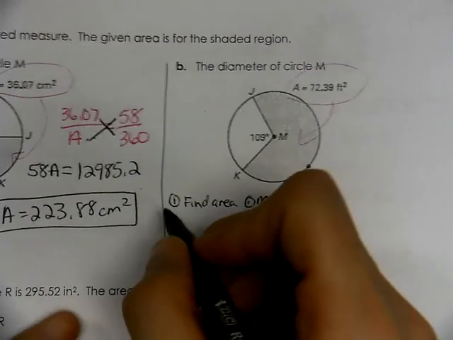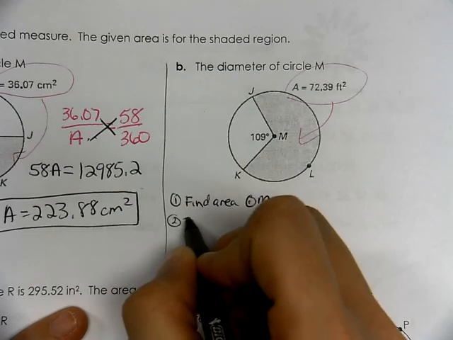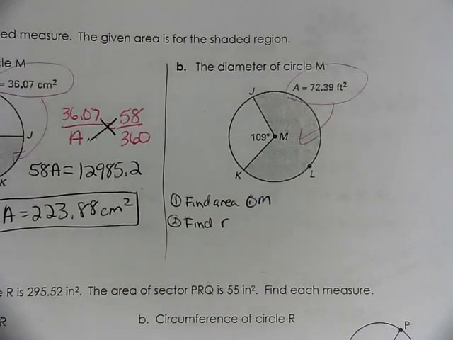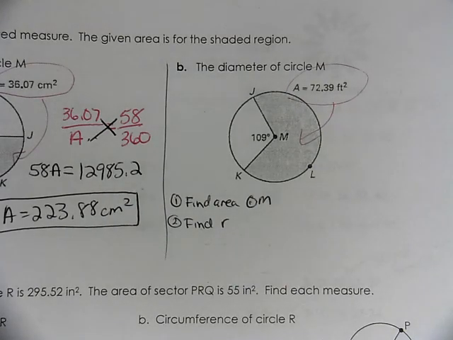The radius. So the second thing I'm going to do is find the radius. Once I have the area of the whole circle, I can make it equal to pi r squared and solve for radius. We did that in the first quiz. Then what's the relationship between radius and diameter?